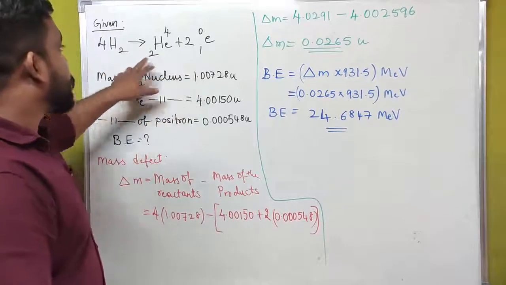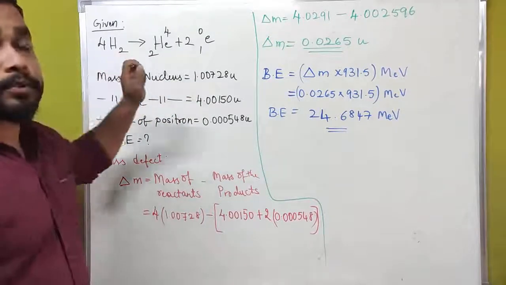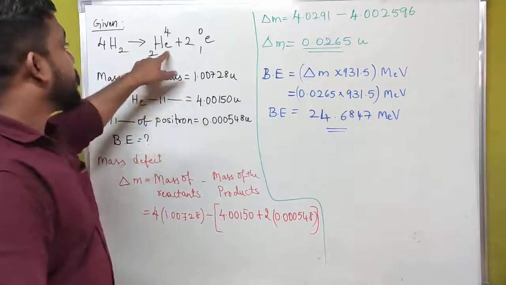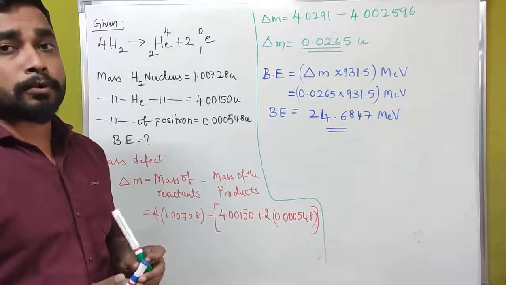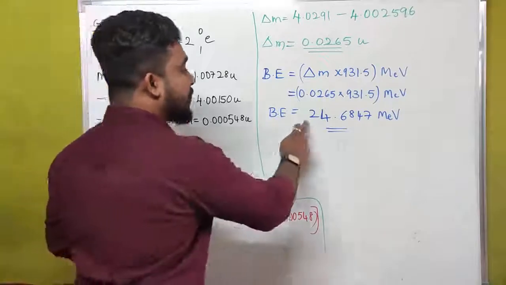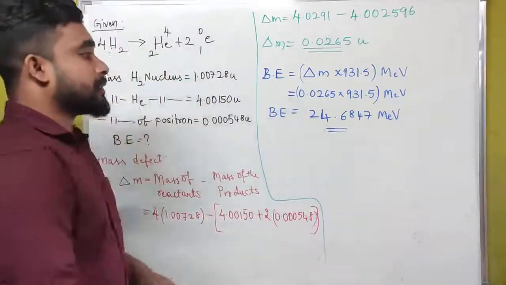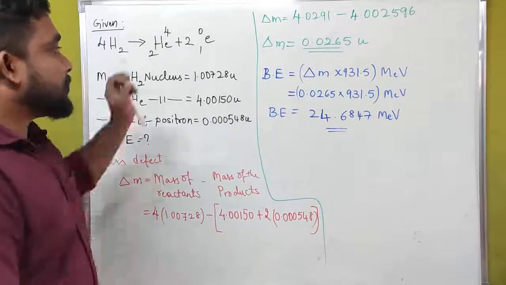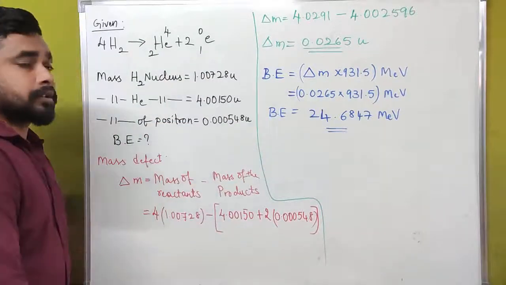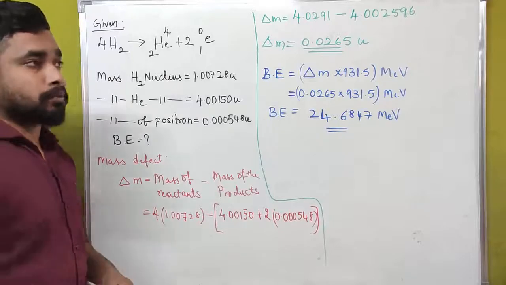In nuclear fusion reaction, 4 hydrogen atoms give helium-24 along with 2 positrons with an enormous amount of energy, and that energy is 24.6847 million electron volt. Actually, this is how we are calculating the problems, and the remaining problems of this chapter can be done in tomorrow's session.